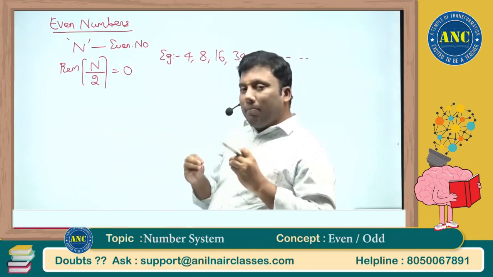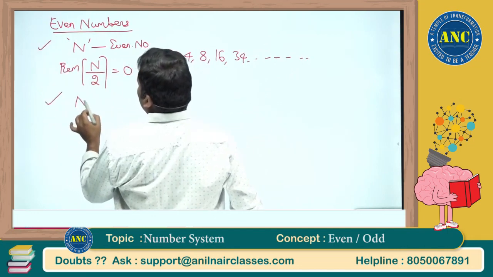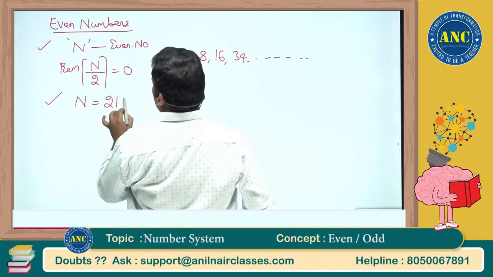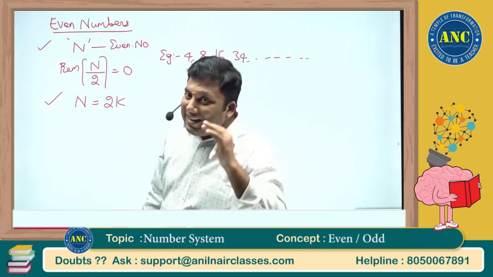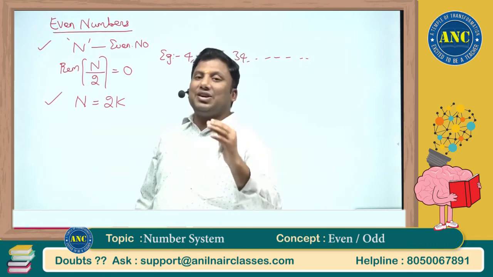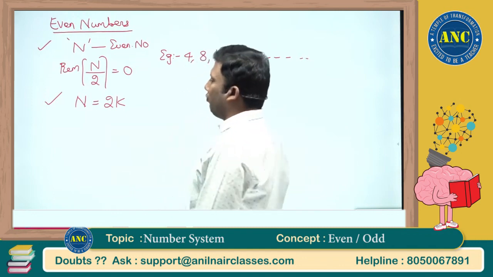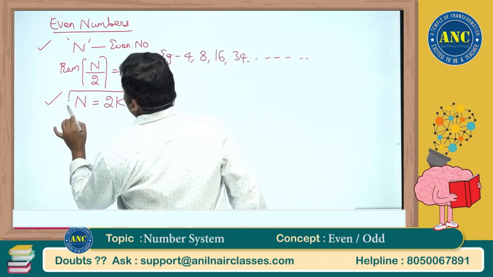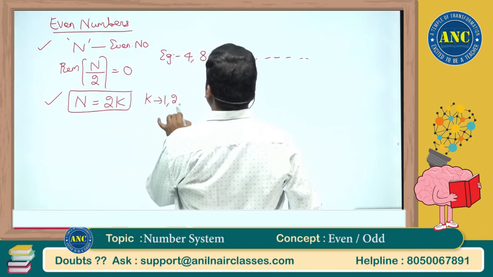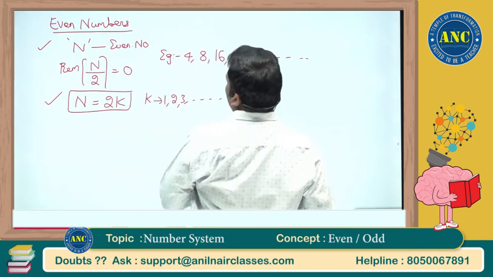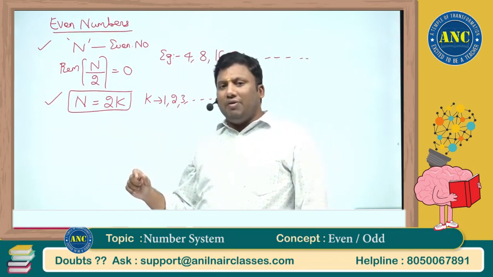This is the first definition of an even number. 4 is 2 into 2, 6 is 2 into 3, 8 is 2 into 4. An even number is of the form 2k, and k can take any natural number, that is 1, 2, 3, 4 and so on.